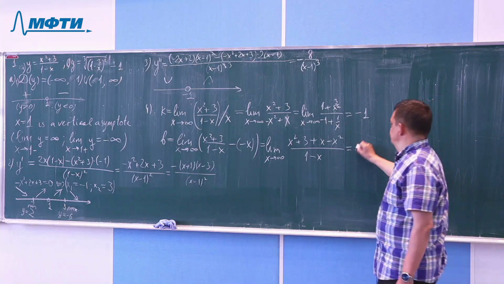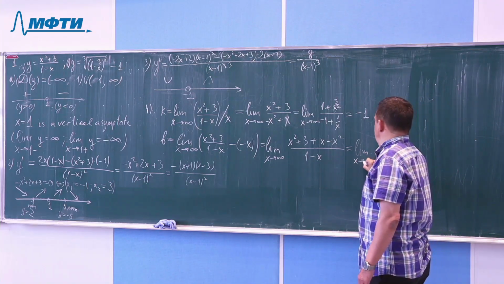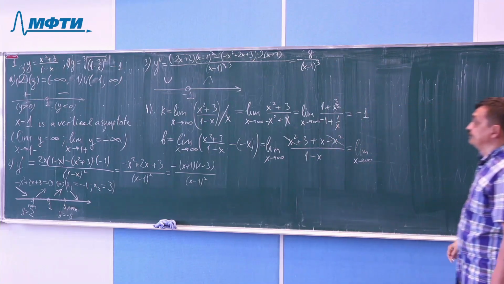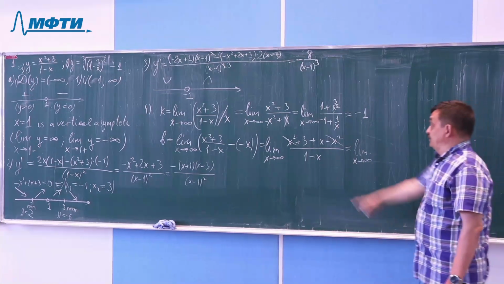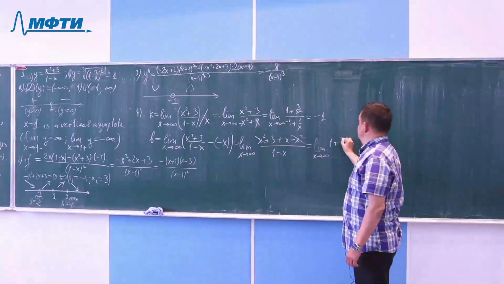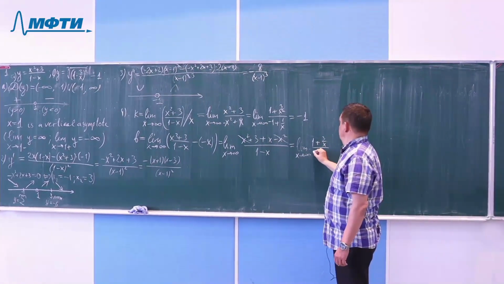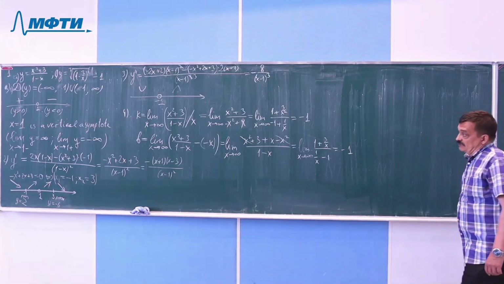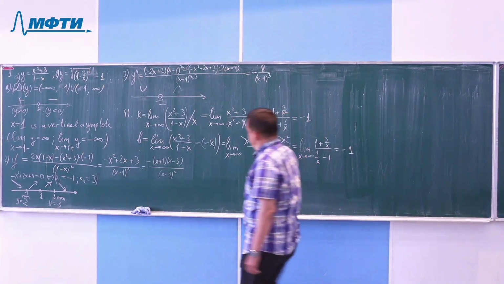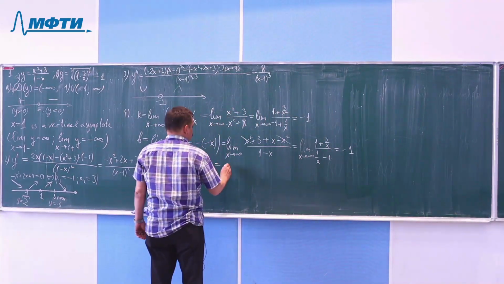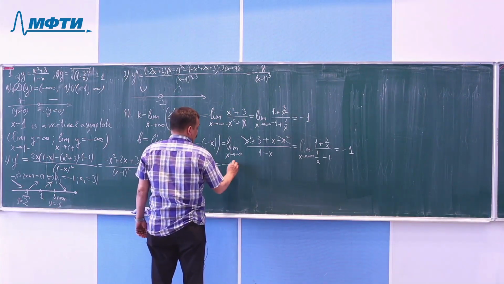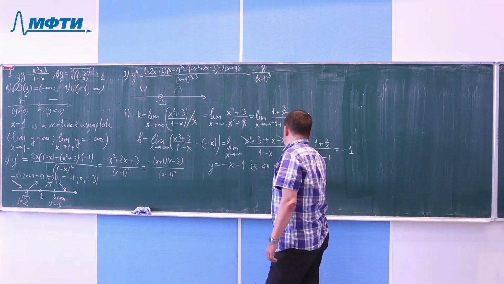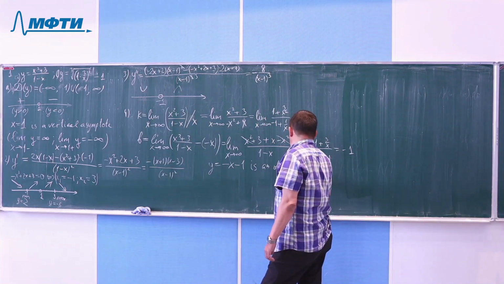It gives the limit as x tends to infinity, so cancel x squared, and dividing by x we have (1 plus 3 over x) over (1 over x minus 1), and it gives again minus 1. So as a conclusion, y equals minus x minus 1 is an oblique asymptote.